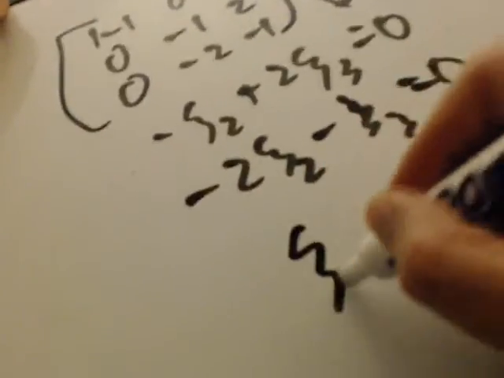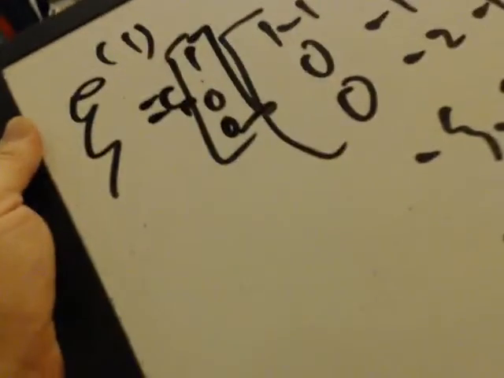But the only way these two equations can be the same is if xi2 equals xi3, which equals 0. Xi1 could be anything. So therefore, my first vector is equal to 1, 0, 0. And you can have a C1 here if you want to. Yeah, there's our first vector. Our first vector is 1, 0, 0. Alright.